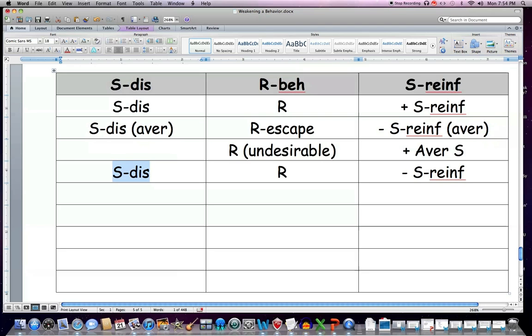What we have here is the subtraction of a satisfying stimulus, not the subtraction of an aversive stimulus. We're taking away something that is satisfying. The organism does something we don't like, we take away something that it does like, something that is satisfying.